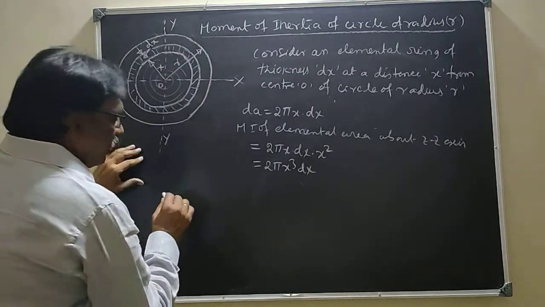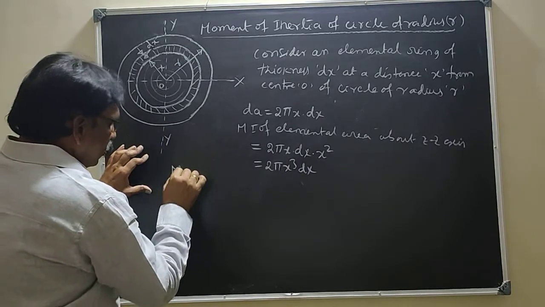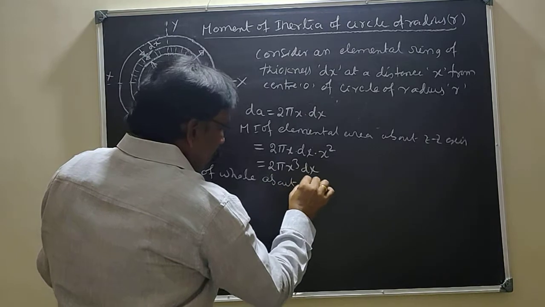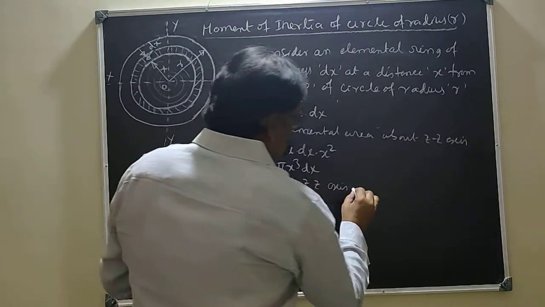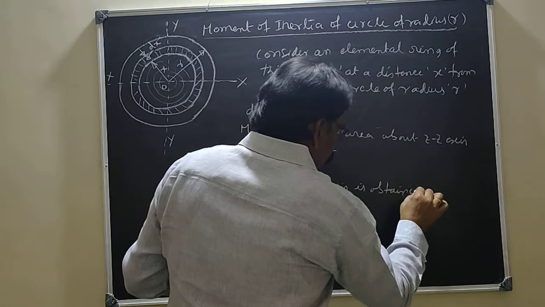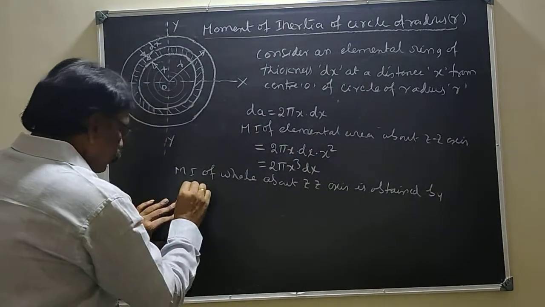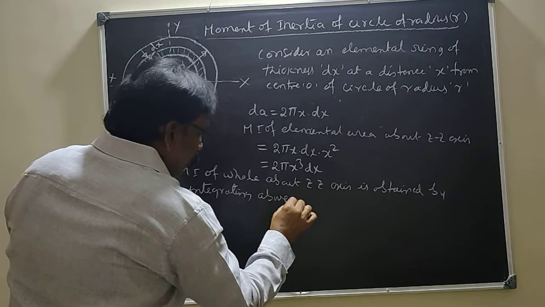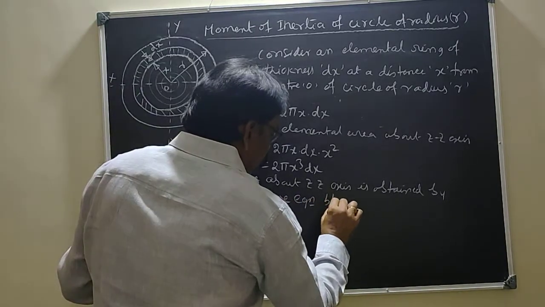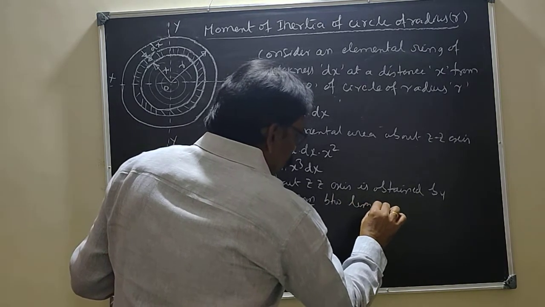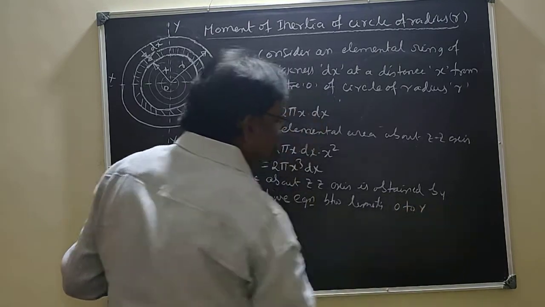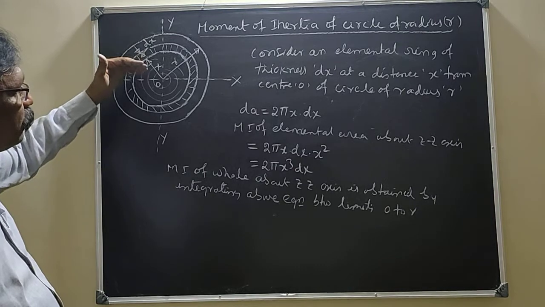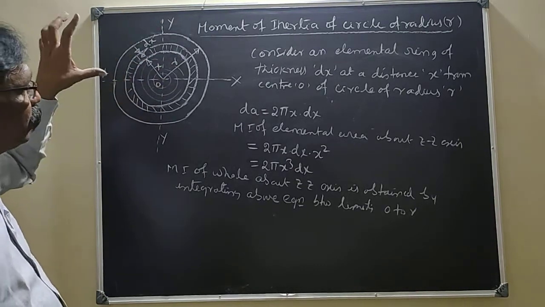The moment of inertia of the whole area about the zz axis is obtained by integrating the above equation between the limits 0 to r, because we assume that it consists of a number of such concentric elemental rings, and the moment of inertia of each one will constitute the moment of inertia of the total body about that axis.